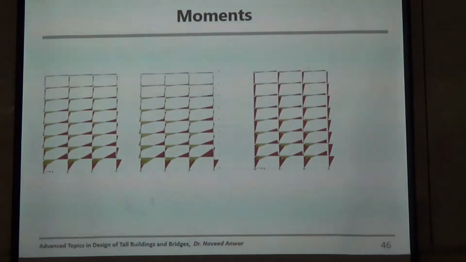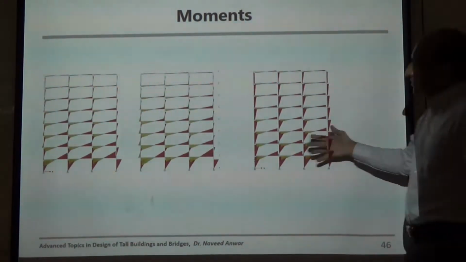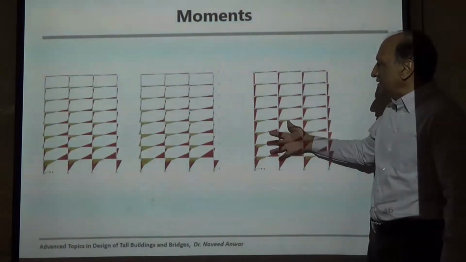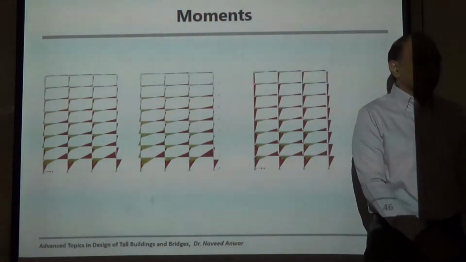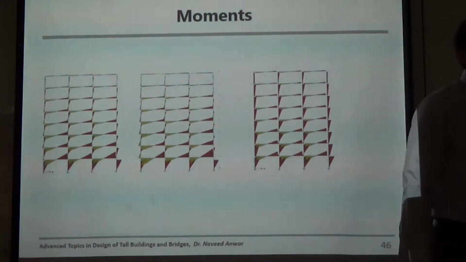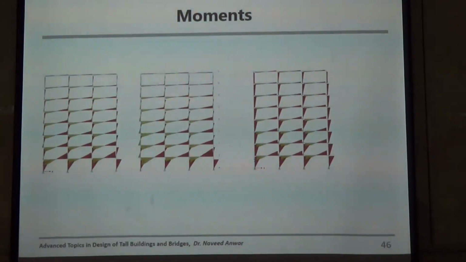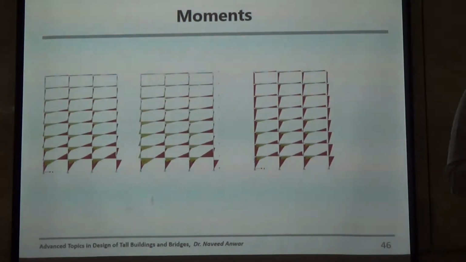So the relative size of column and beam is very important, and because we are mostly in this state, this is not a good model. We need something else. We need shear walls when you go to tall buildings, because a frame alone with very large columns and small beams will not be very effective, especially with flat slabs.